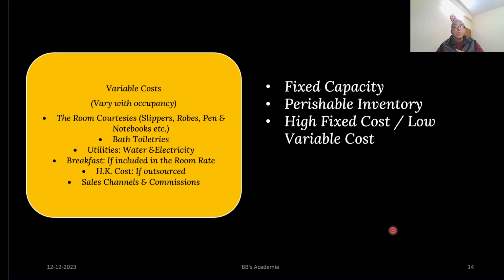Sales channel and commissions: when people are there, sometimes the sales are done through different outsourced people, different booking agents. So naturally their commissions, their charges will be paid depending on how many guests they give. If they are giving 10 guests, a certain commission. If they are giving 20 guests, commission will be higher automatically. So you are having high fixed cost and low variable cost.